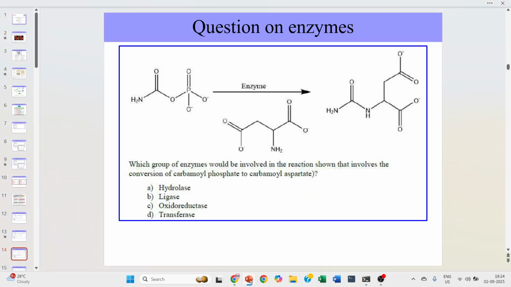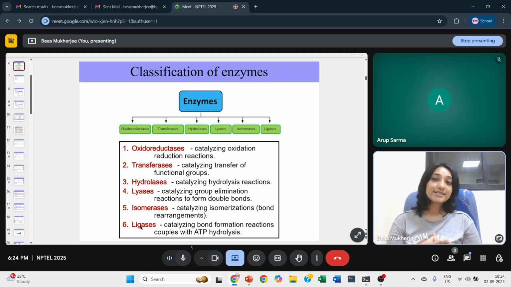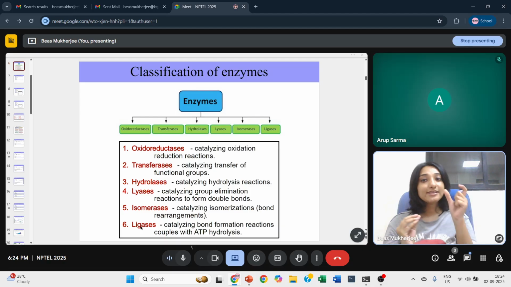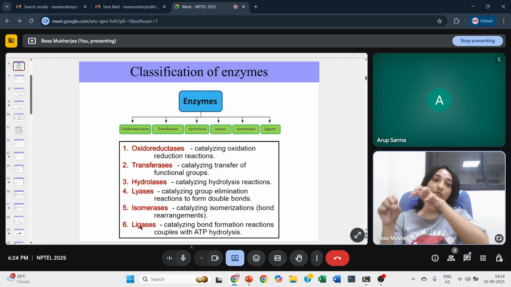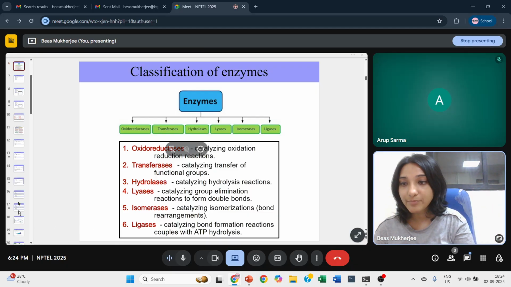So the right answer is D. Why is that D? Because see, a transfer is happening. If we go back to this slide, you will see that 6 different groups of enzymes are there and their functions are mentioned there. Transferase is responsible for transferring a particular group from one chemical moiety to another. Now here in this reaction, what was happening?